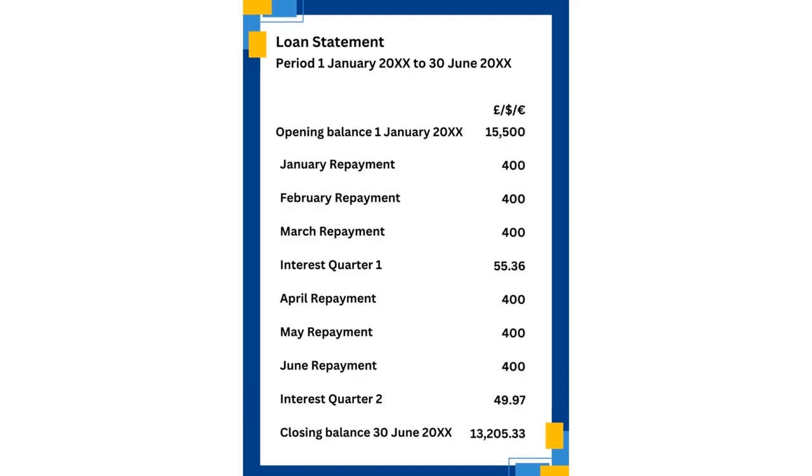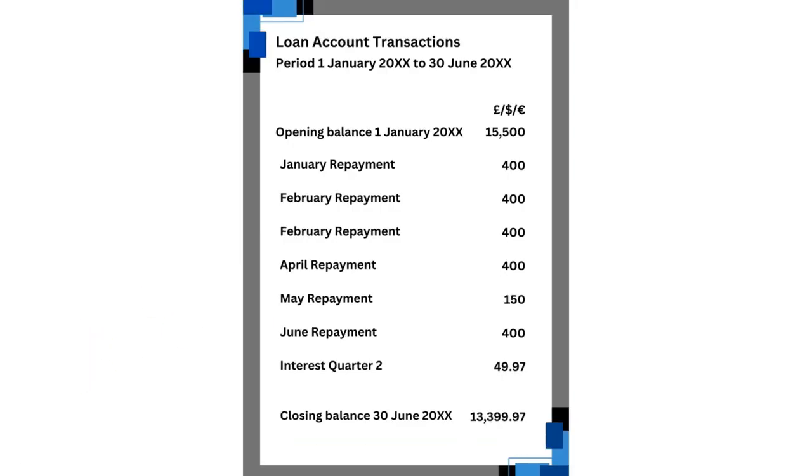If we work in accounts, we have access to the accounts, and the business has a loan, this statement is crucial. It's our financial document which we can reconcile our accounting records to. On the next page, this is a report generated from the accounting records for the same period, 1st of January to 30th of June.